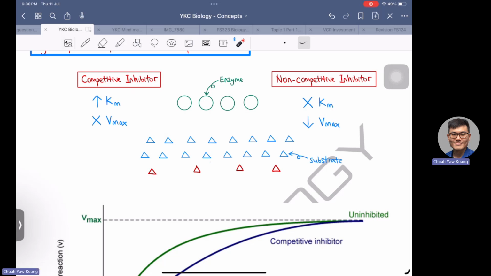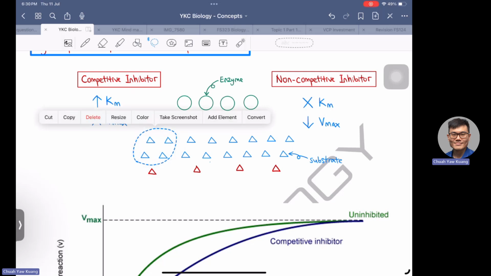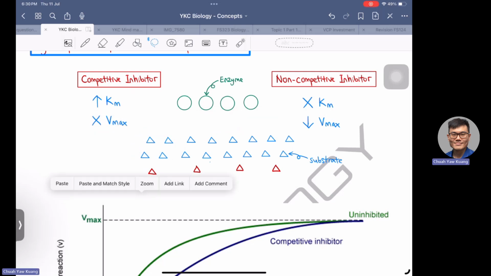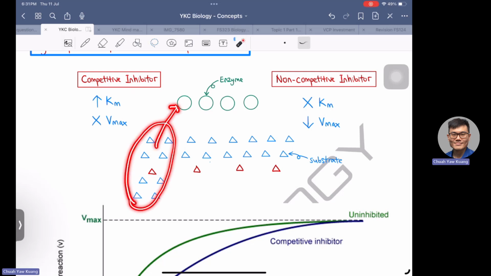So how are we going to reverse the effect of this competitive inhibitor? What we can do is increase the number of the substrate. When there is more substrate, all of these will be competing for the active site.